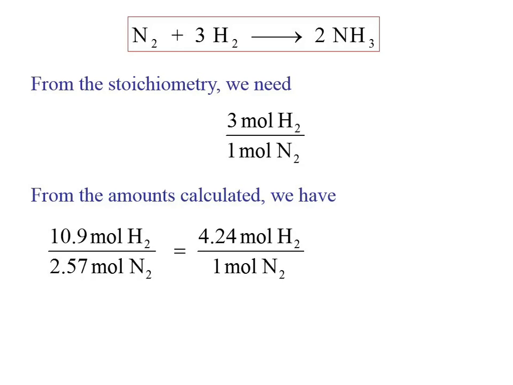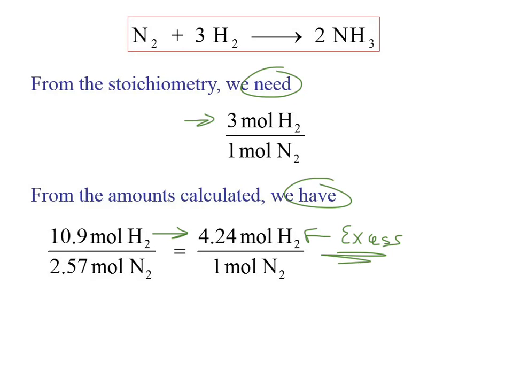We need 3 moles of H2 for 1 mole of N2. We have 4.24 moles of H2 for 1 mole of N2. So it looks like H2 is in excess, because we have more than we need.